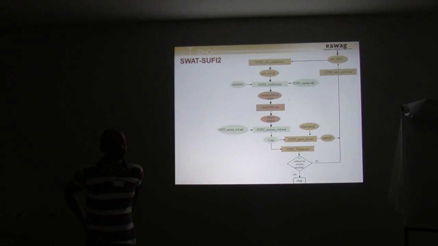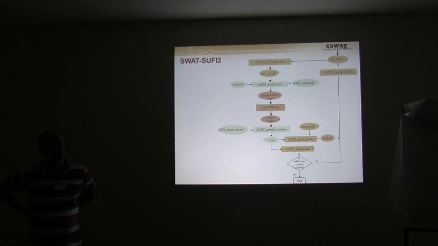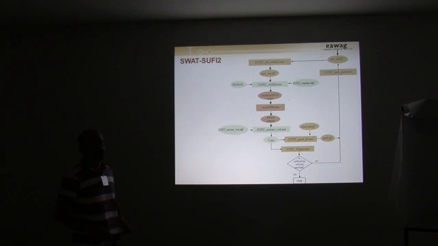Sorry, can the program analyze the correlation between parameters? I think if I use two different parameters to calibrate the model, the two parameters can be correlated, and I can obtain the same solution with a couple of parameters.